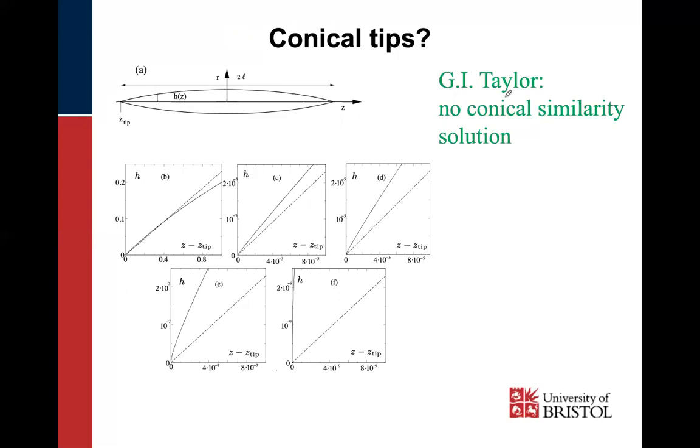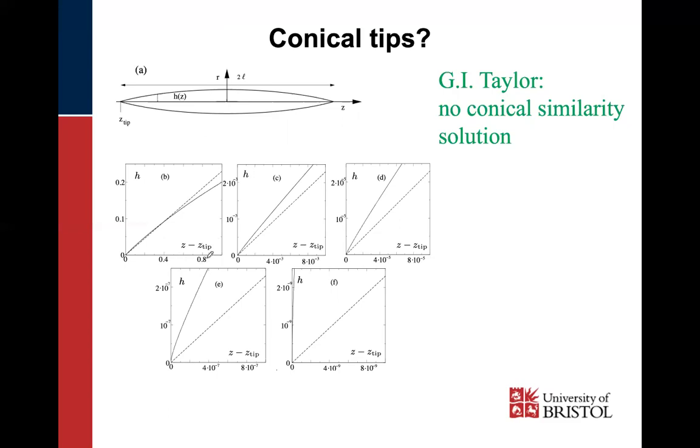And so to give away the answer to everything I'm going to say subsequently, I'm going to show you what actually happens near the tip based on some numerical solution to the problem, which I did now more than 10 years ago. And so here you have a sequence of panels that shows the interface close to the tip.